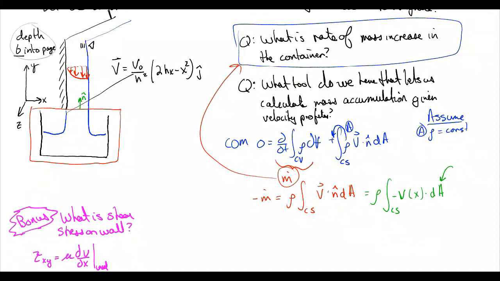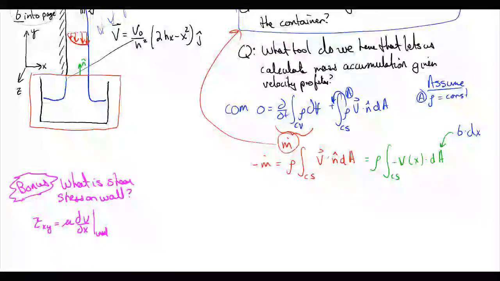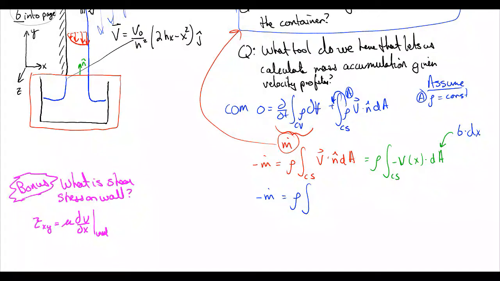So if nothing changes into the page, it's only changing in the x direction, not the z, we don't have to integrate over that. So we don't have to do a double integral, we just have to do a single integral. So our dA becomes b times dx. So if we rewrite this again, we get negative m dot is equal to rho times the integral of negative v of x, times b dx.